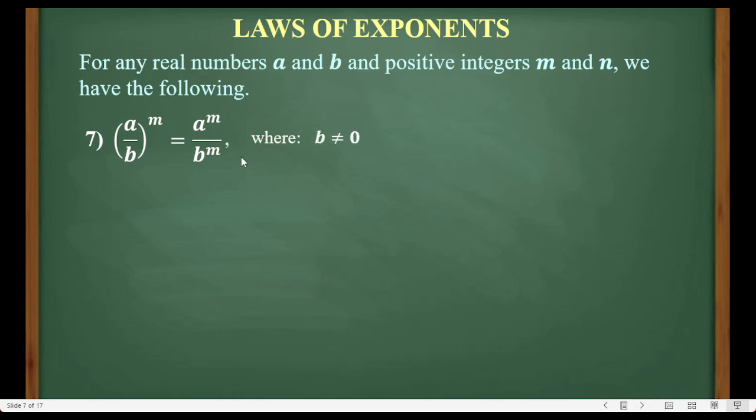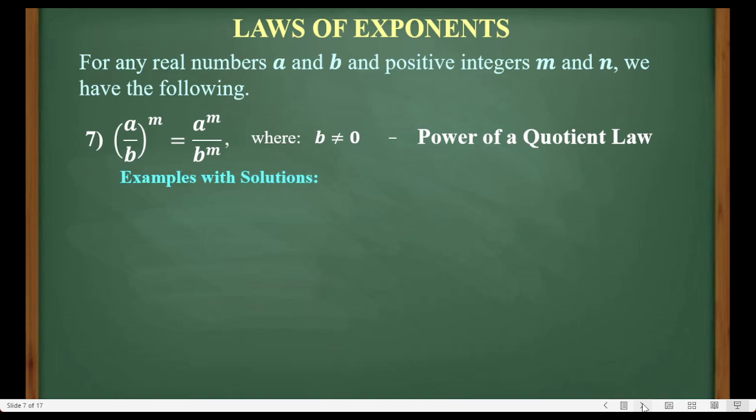Of course, since we're dealing with fractions here, we need to take note that the denominator, which is denoted by b, must not be equal to 0. Okay. Again, we call it the power of a quotient law.